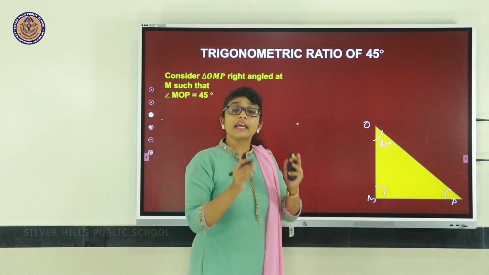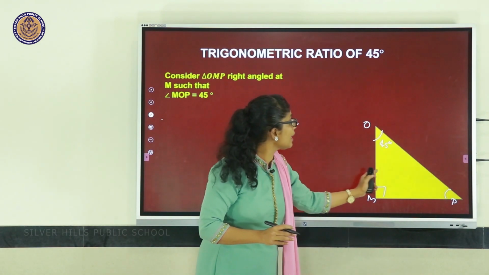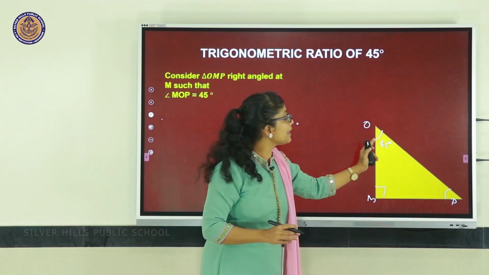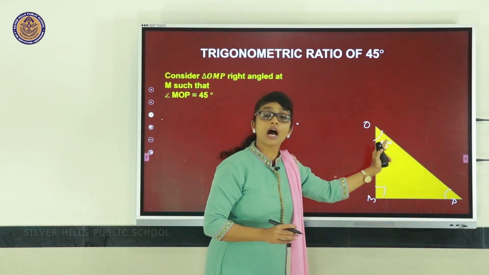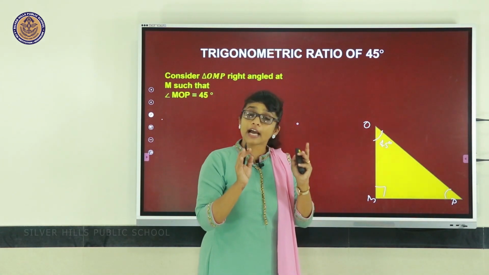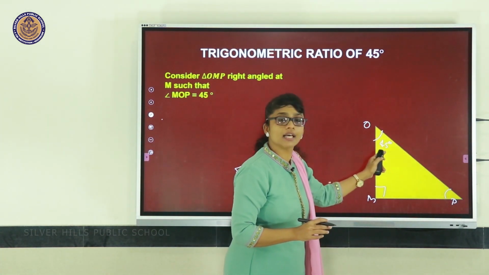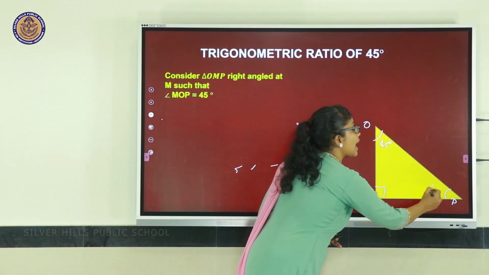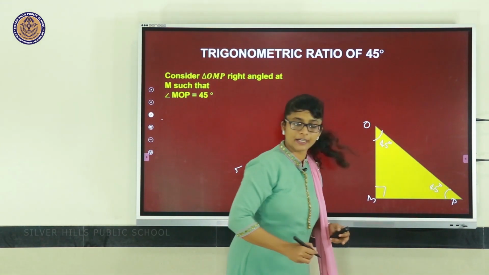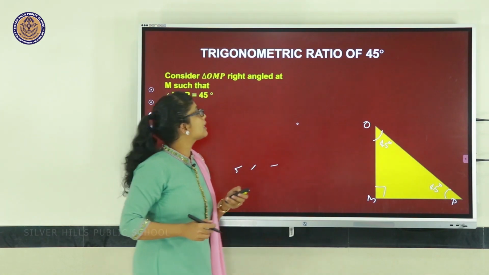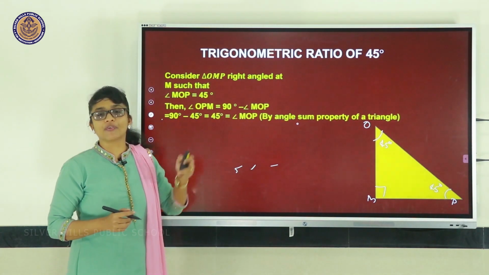In a right angle triangle, one angle is 90 degree and the sum of the other two angles is 90 degree. So, if this angle is 45 degree, this angle also will be 45 degree by the angle sum property of a triangle.